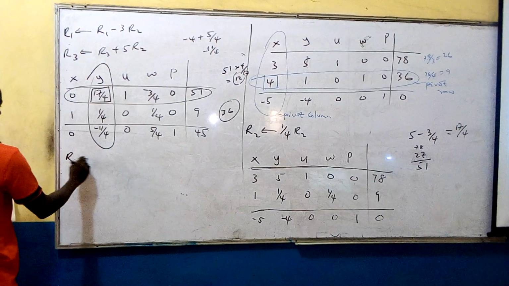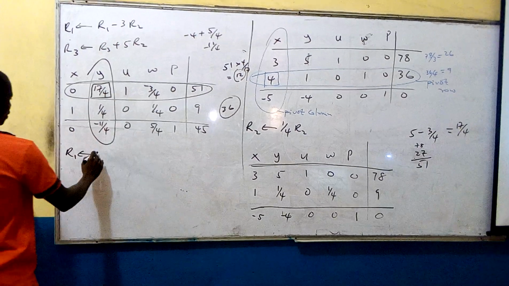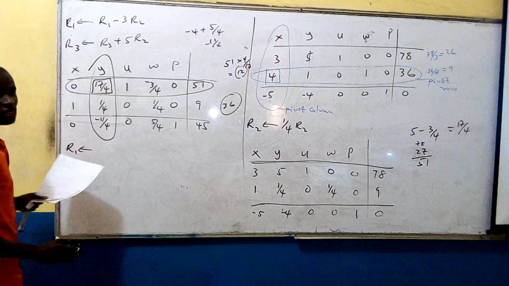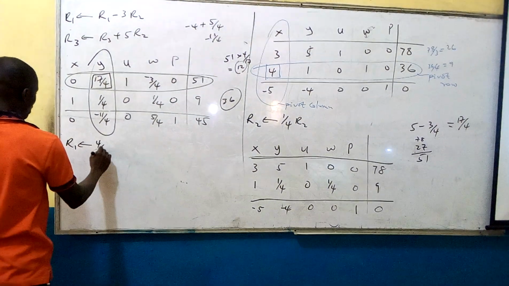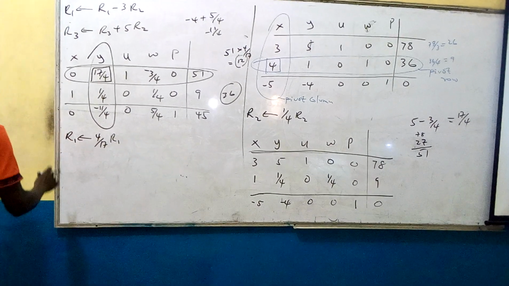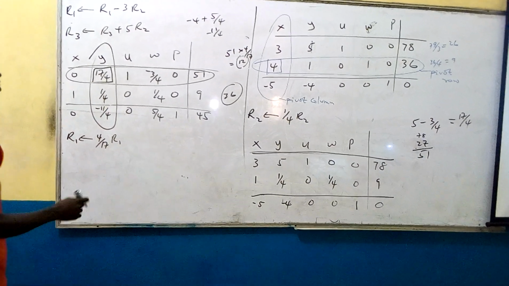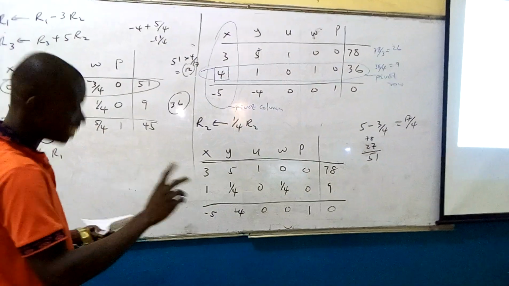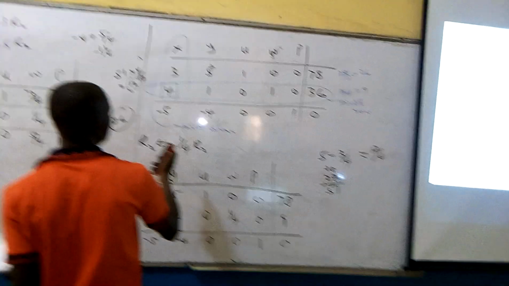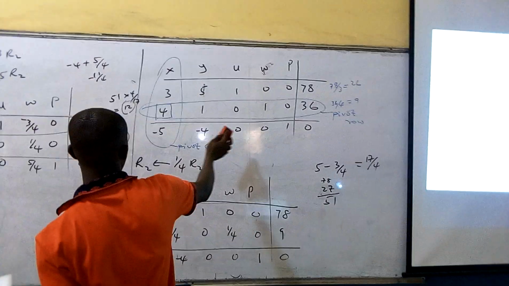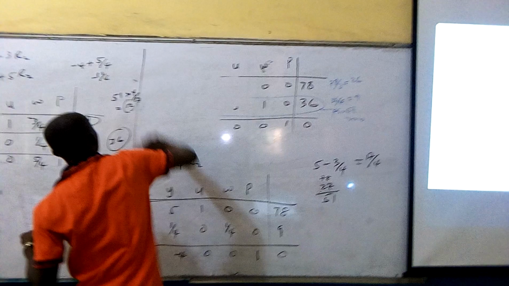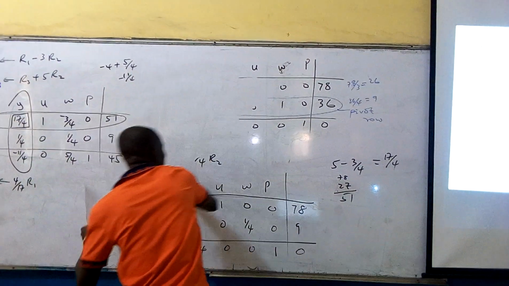So row 1, we multiply by 4 over 17. So let's look at this. I think I can clean this one. So we'll be creating tableaus if the variables are many.